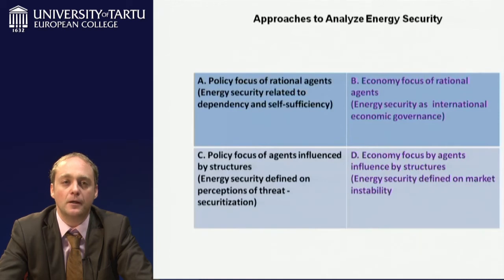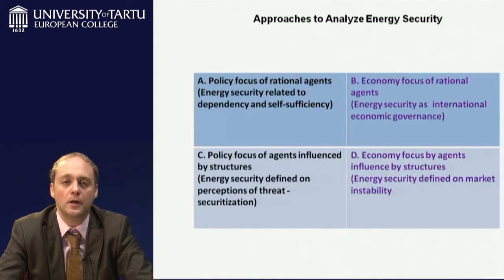First quadrant, A, is a policy-focused approach on rational actors. It means that the actors view a political dimension of energy security, and they practically know what they want from energy security.